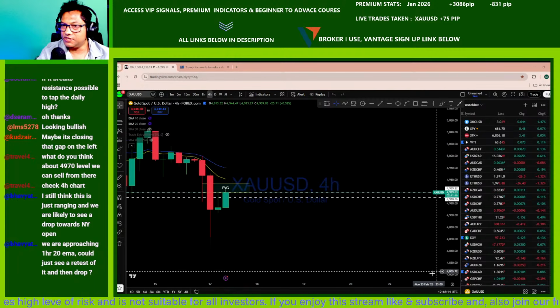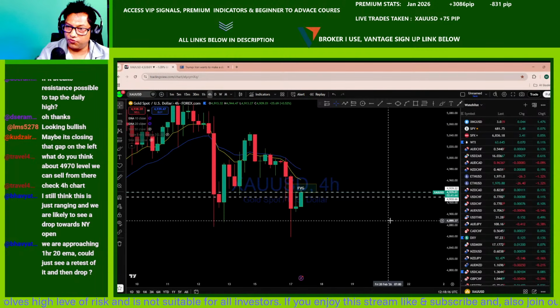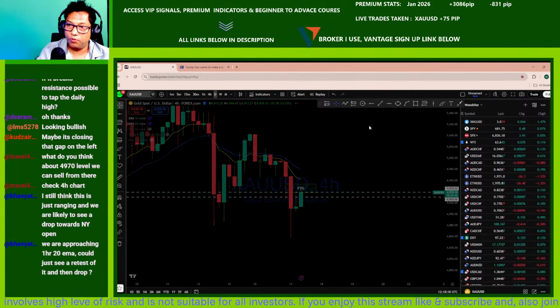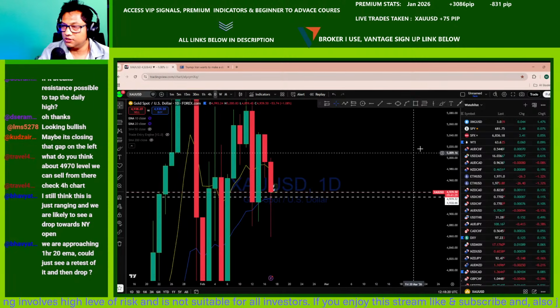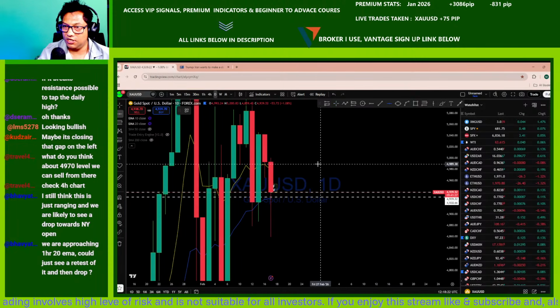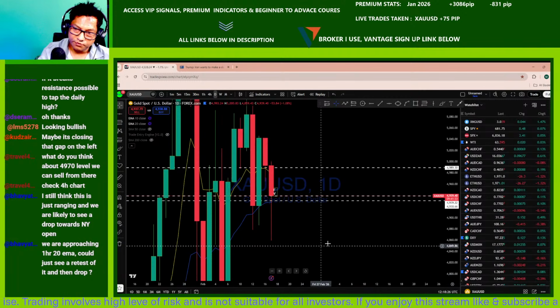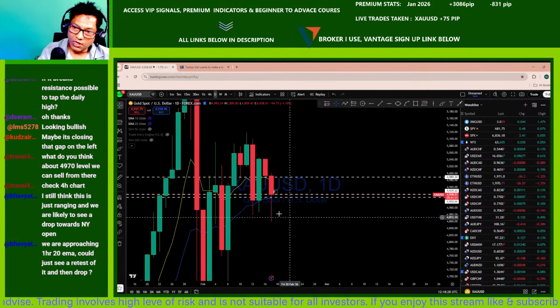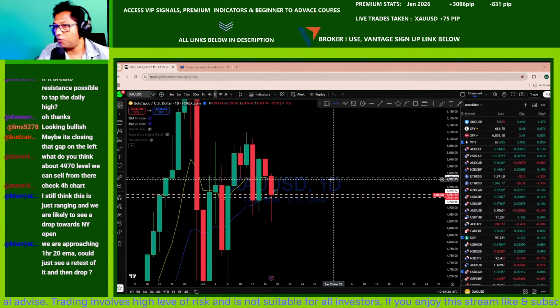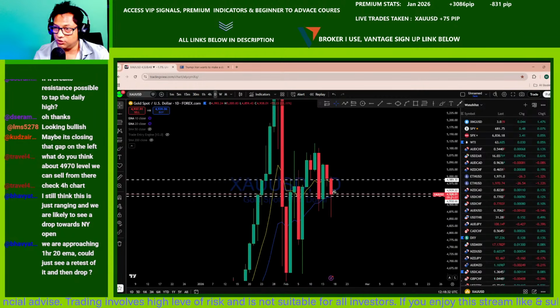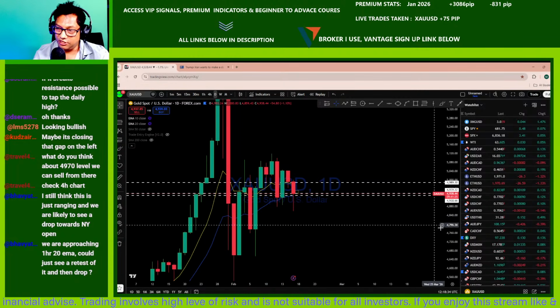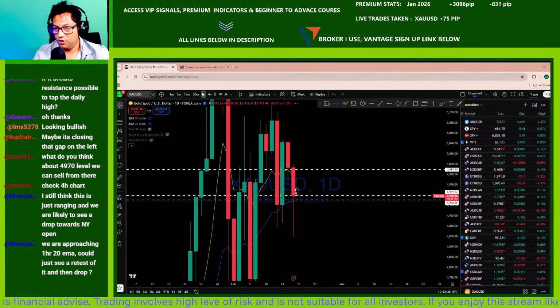And from this level, there is a chance for the price to go up if it continues to rise back to the daily high or daily resistance, and then to come down. And even this can be a starting point of a new uptrend as well, because the market has overextended below. So everything is possible, right?